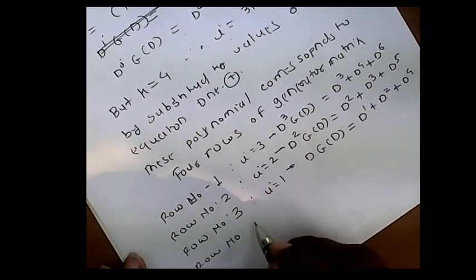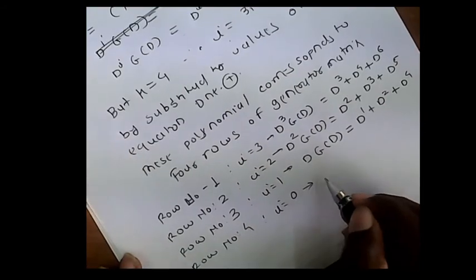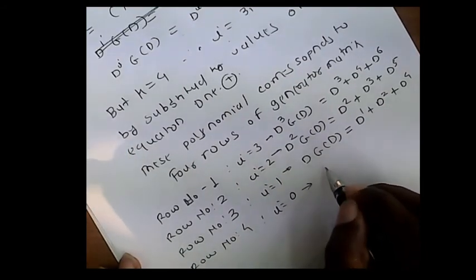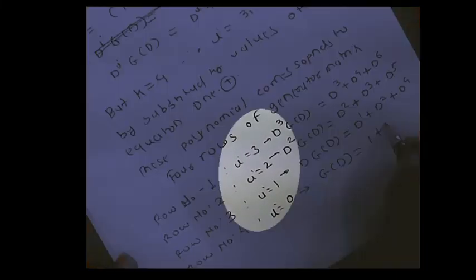Row number 4, when put i is equal to 0, that time we get g(d) is equal to 1 plus d into d cube.